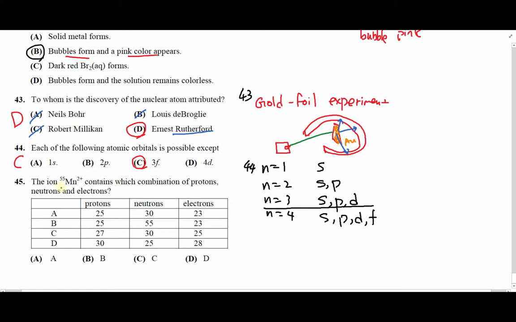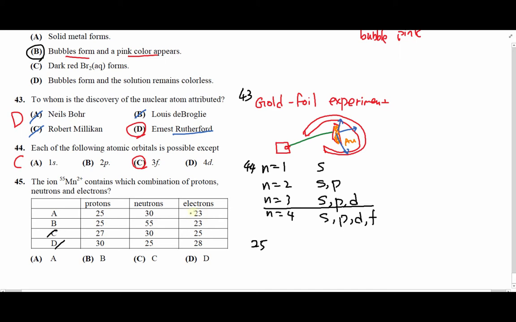According to the periodic table, the manganese atomic number is 25. It's in the first row of the transition metals. Therefore, the number of protons doesn't change. Anytime you change the number of protons, they become a different atom, a different element. So C and D are out. They don't even represent manganese.